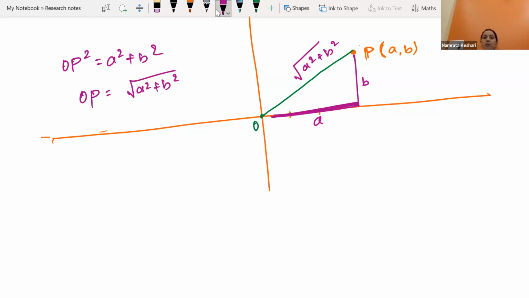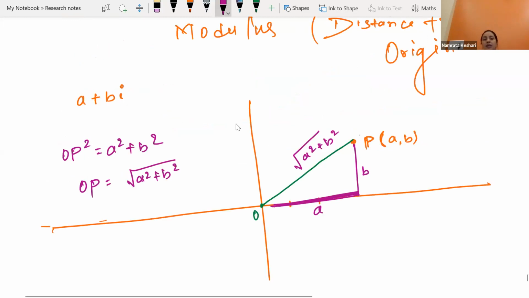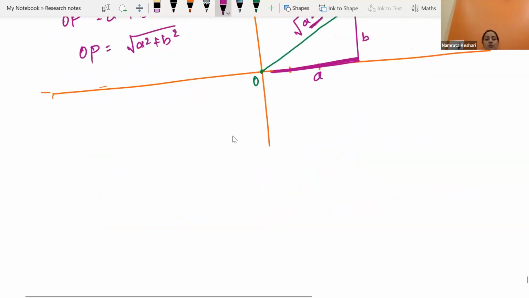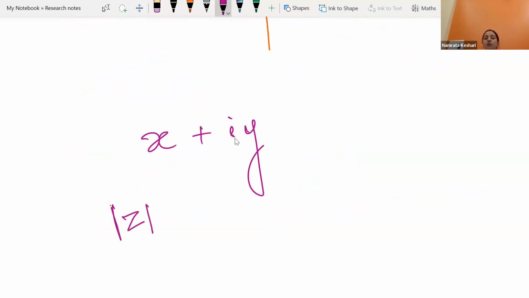Whenever any complex number is given, here we have taken the complex number a plus ib, and its distance from origin is under root a square plus b square. That means any time a complex number x plus iy is given, the distance from origin, which we represent as mod of z because we use z to represent any complex number, will be nothing but under root x square plus y square.